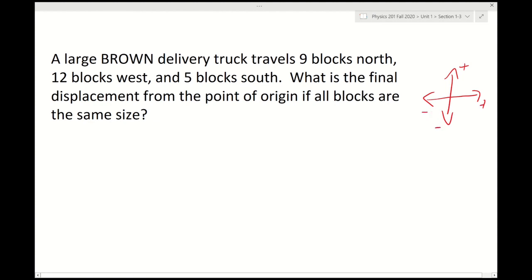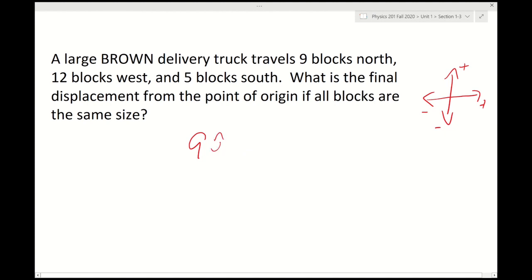So we could say that we have 9J plus 12I, and that's west, so it would be a negative, and then 5. Let me try that again. All right, if it's 9 blocks north, that would be 9J, and I wrote an I a minute ago and did it again.